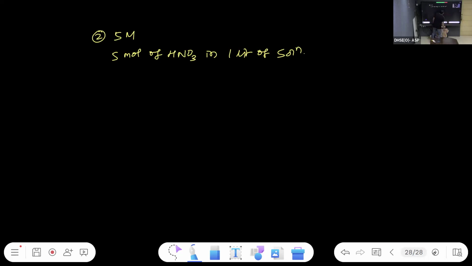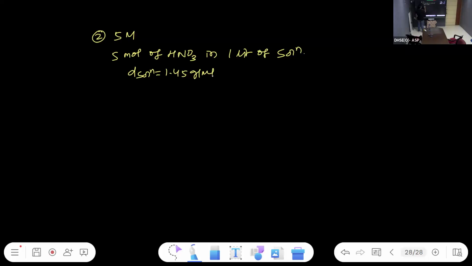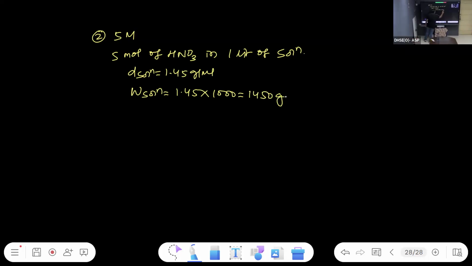1.45. So density of the solution is 1.45 gram per milliliter. Okay. Then density is given and the volume is given. So what will be the mass of the solution? Now density into volume, that is 1450 gram.